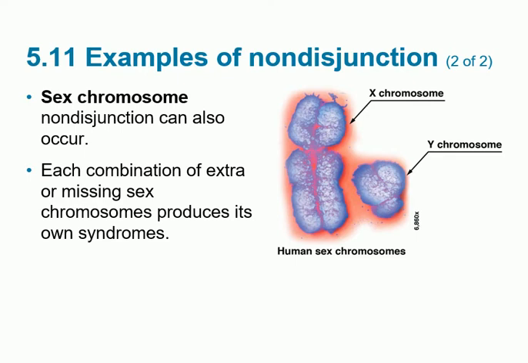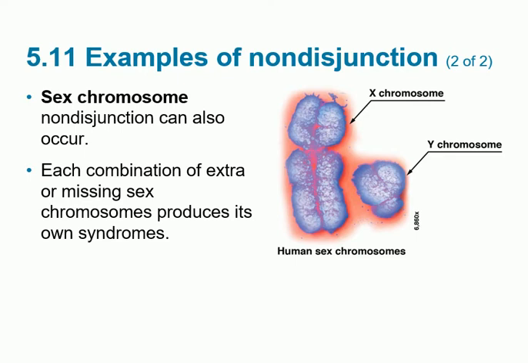XXY, this is an issue. XXY is a male that's sterile. He will never have children. The testes will be small, and he will have some feminine characteristics, like breasts and a female kind of configuration because of the extra X.